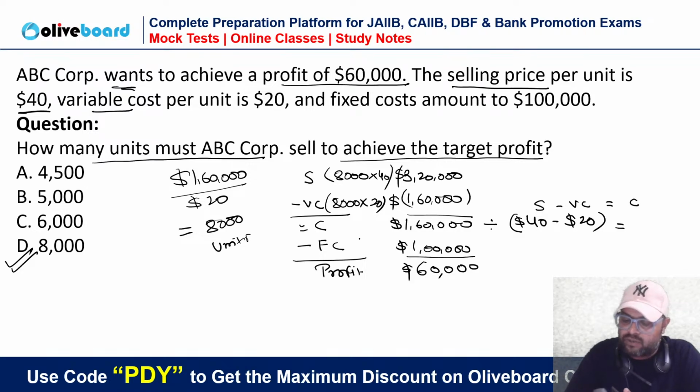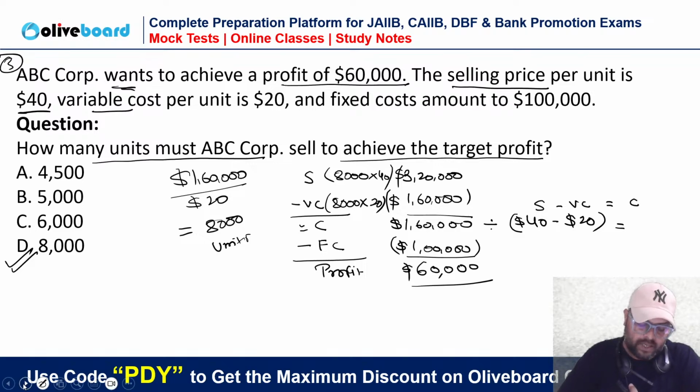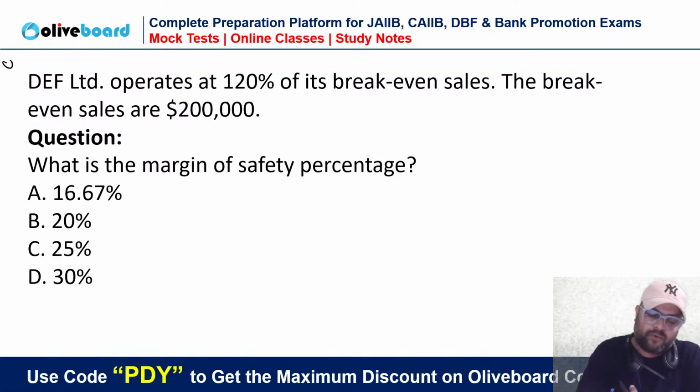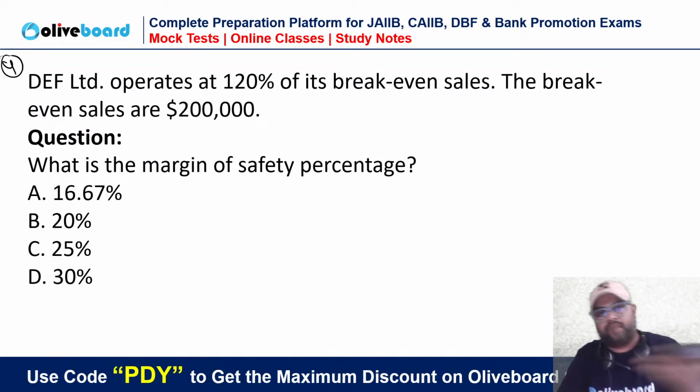If I reduce 160 from 320, I have 1,60,000 and then I reduce 1 lakh from it, I get 60,000 as a profit. So the expectation of the question is proved.